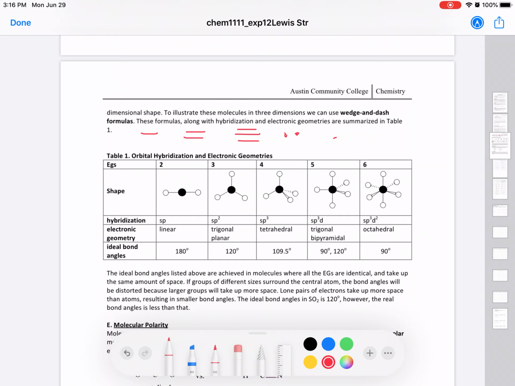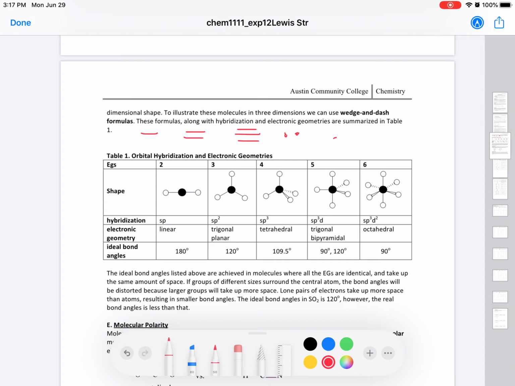If you have 3 electron groups, hybridization is sp2, electronic geometry would be trigonal planar, and the ideal bond angle is going to be 120 between the atoms. And if you have 4 electron groups, hybridization is sp3, electronic geometry would be tetrahedral, and the bond angle 109.5.